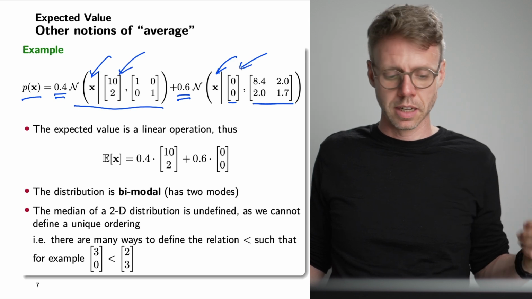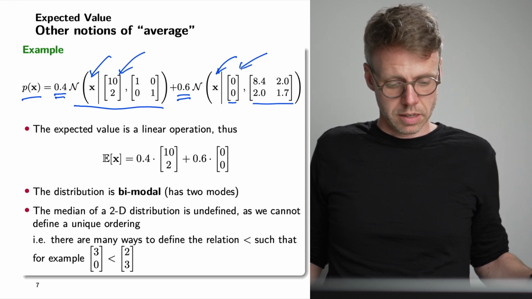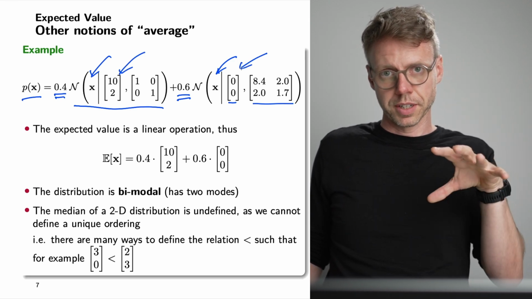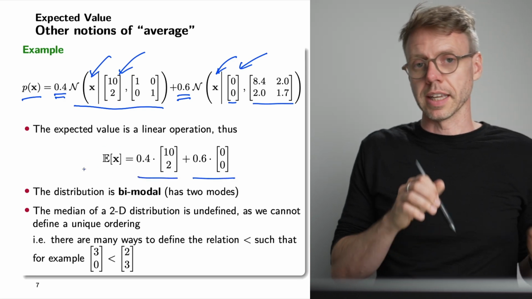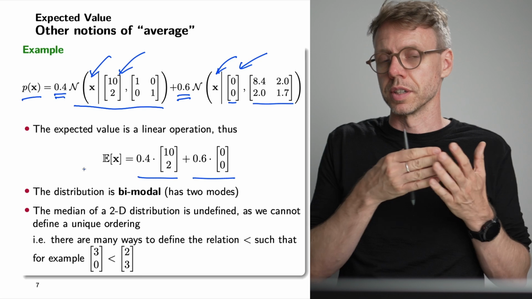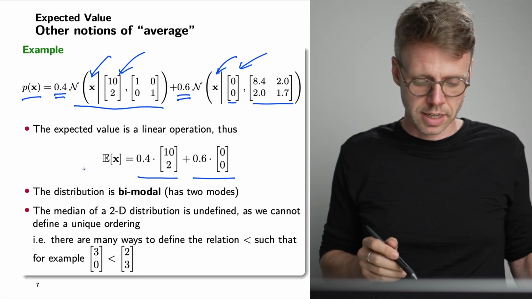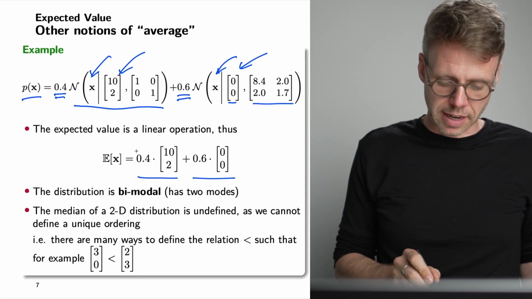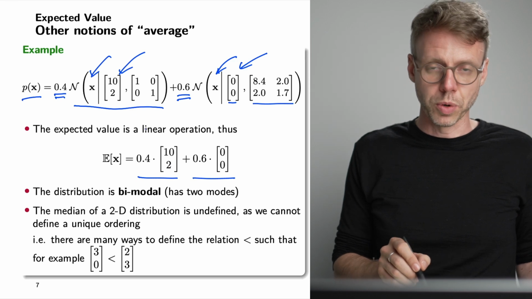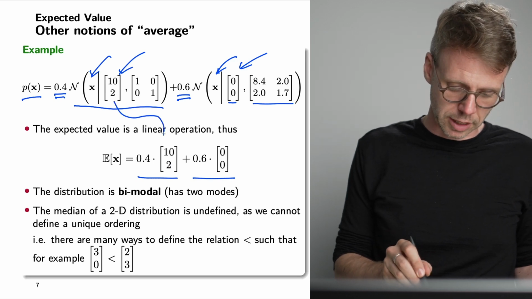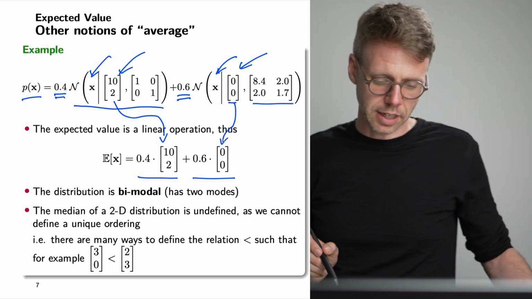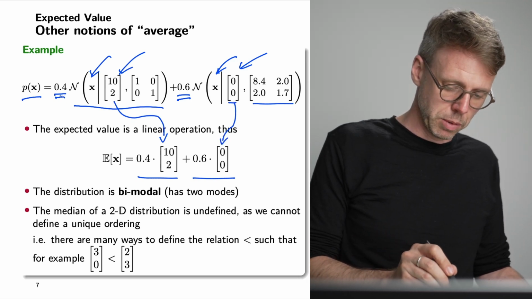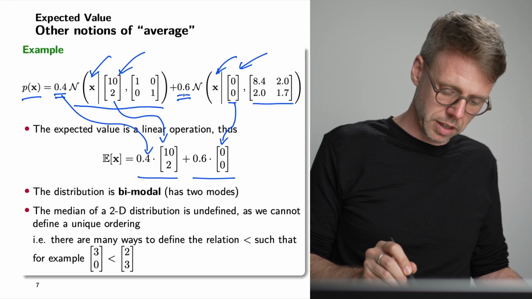What does this mean? Well, what we have here is two different components. Thus, as we said, the expected value of this mixture distribution will also be the weighted sum of the two expected values. So this is the expected value of the first component. Here we have the expected value of the second component, and we weigh them by the corresponding weights.